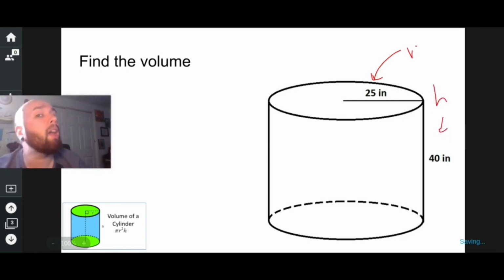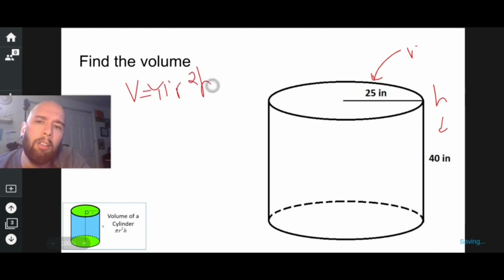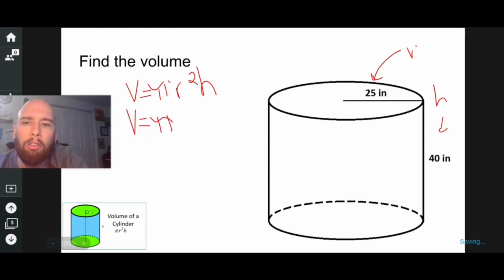I have everything I need to throw this into my formula. My formula for a cylinder is V equals pi r squared h. I like to write out the formula each and every time. So V equals pi times the radius, which is 25 squared, times the height, which is 40.